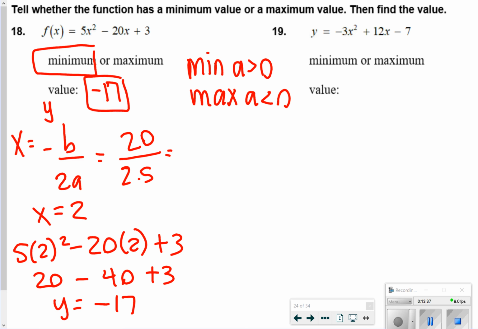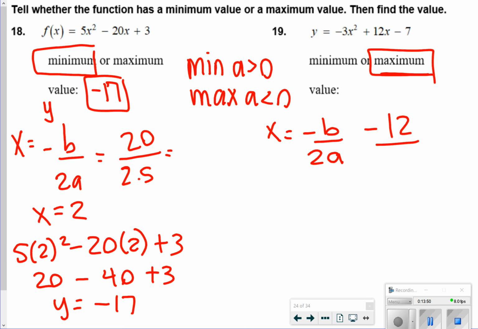For number 19, a is less than 0, so that one is going to be my maximum. And then let's go ahead and find the value the same way we did for 18. So negative b over 2a. Negative b would be negative 12 over 2 times negative 3. That is negative 12 over negative 6, which is equal to a positive 2. Then we're going to go back and plug that in.